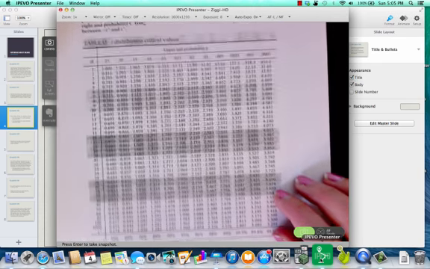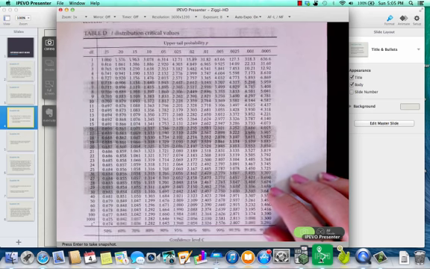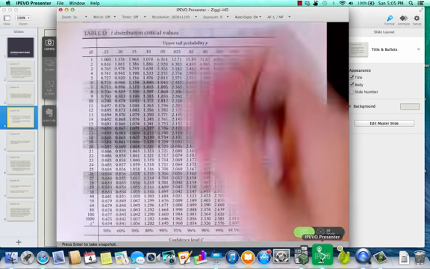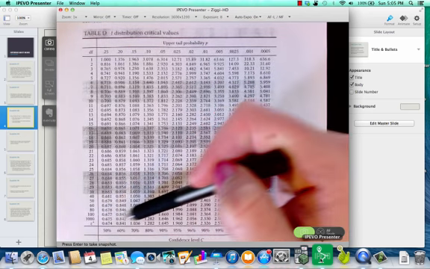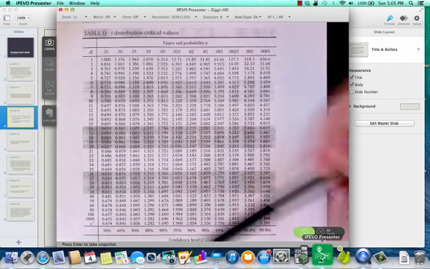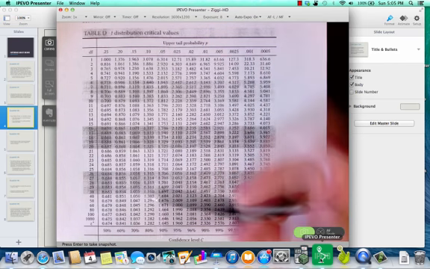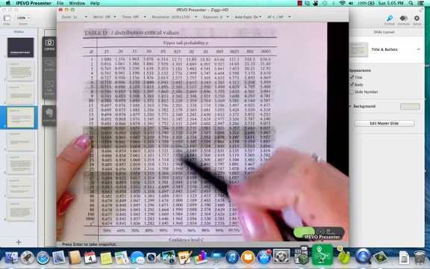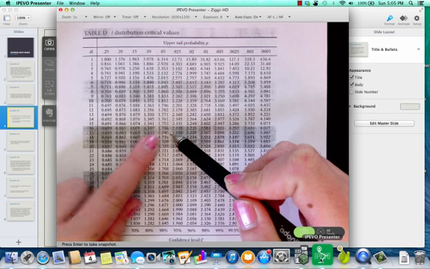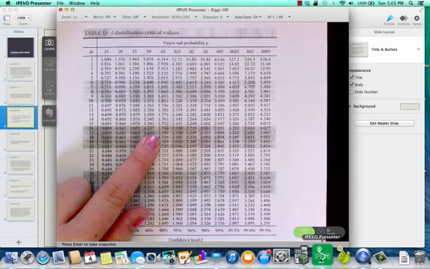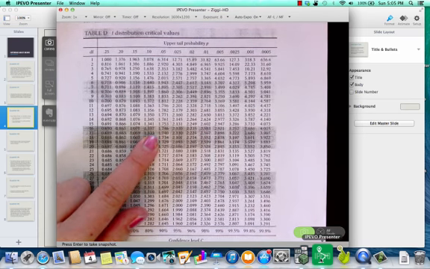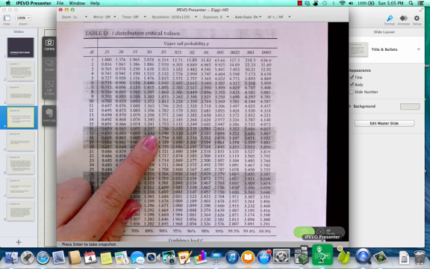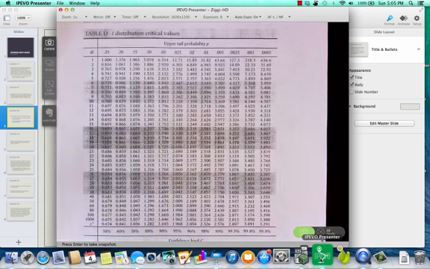Here's my table, and down the side we have our degrees of freedom, and then across the bottom, we have our confidence level. So I'm just going to go to where these two values meet, and I get 1.740. So 1.74 is my critical value for t.